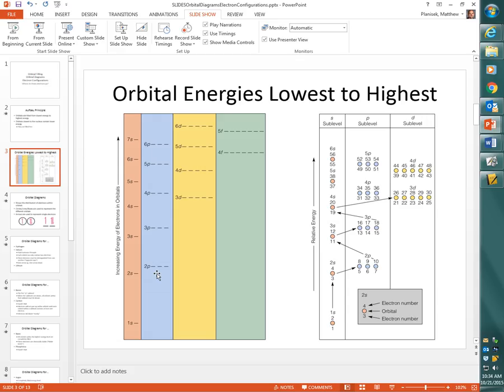Now, if you look at those 2p orbitals on the chart, right? What are you seeing about all 3 of them? They're all the same. They're all the same distance from the bottom. Meaning that electrons that are in these 2p orbitals would all have the same energy.